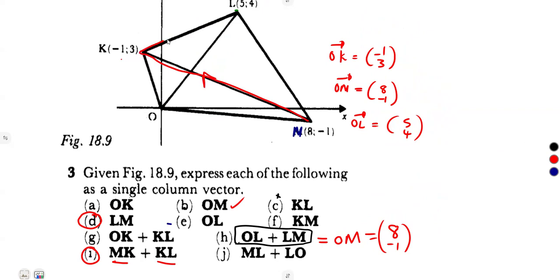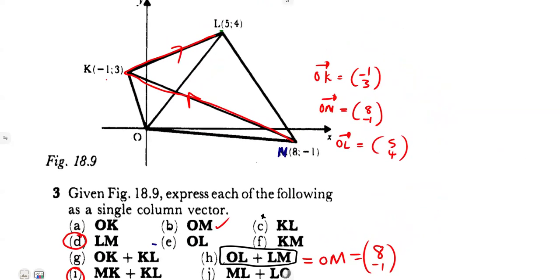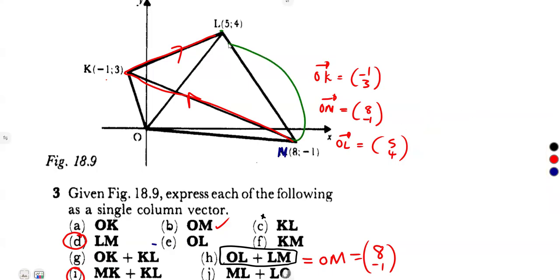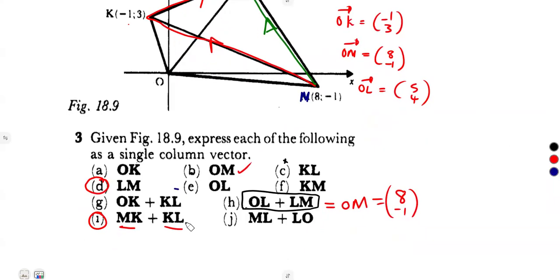Then K to L. So are we seeing that in this case, we started with point M, ending with point L. So that's simply ML. This is what we're having, M to L straight like that. So this here is equal to vector ML.